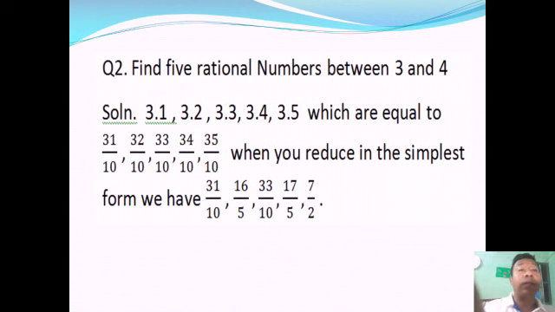When we reduce to the simplest form, we have 31 by 10, 16 by 5, 33 by 10, 17 by 5, 7 by 2. These are 5 rational numbers between 3 and 4. You can also have different rational numbers between 3 and 4 because there are infinitely many rational numbers.